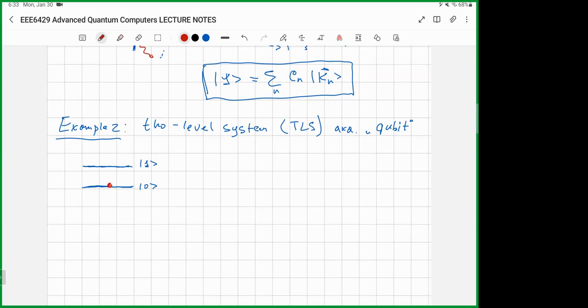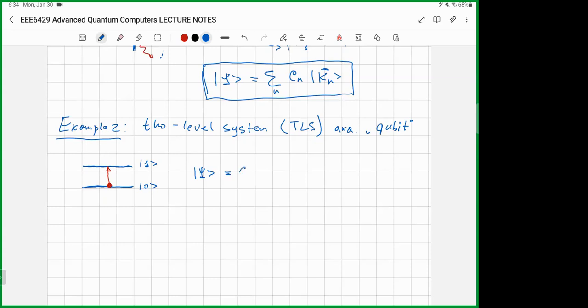And when we excite the system, we basically jump from the ground state to the excited state, like this. And so using the principle of superposition, the general psi function, this state vector, is given by this expression, right?